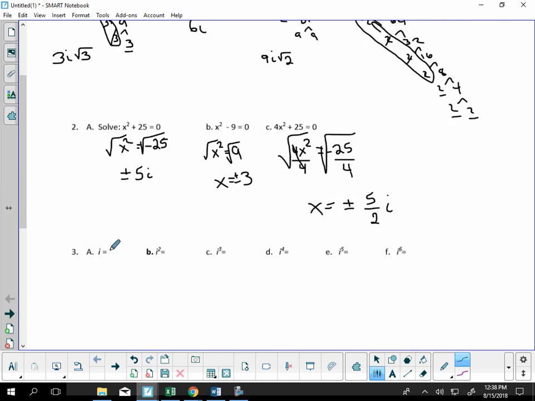All right, well, we know that the square root of negative 1 equals i. i squared is negative 1.